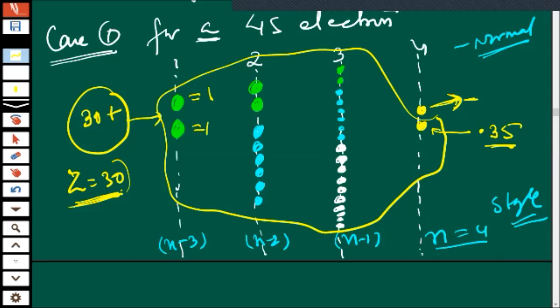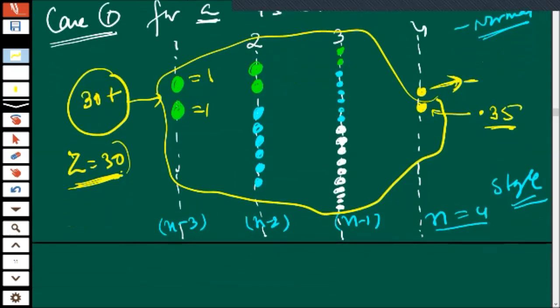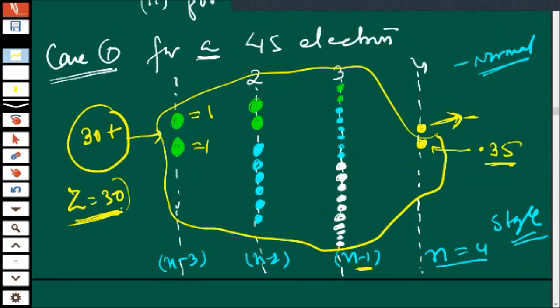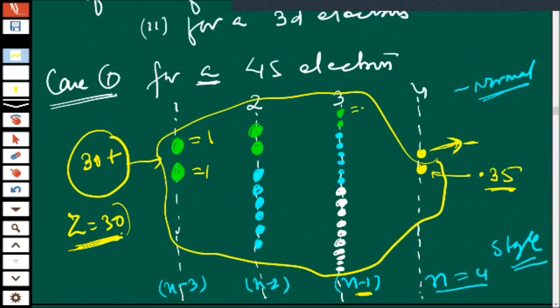Now the remaining electrons of n-1, the orbit before the outermost orbit. Each of these electrons will give a contribution of only 0.85, irrespective of s, p, d.